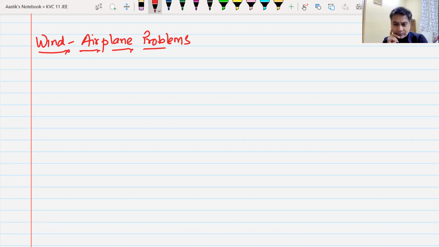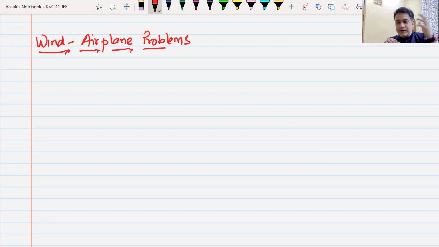Now these wind airplane problems are exactly similar to something that we have already done. Airplane doesn't fly on ground, it flies in air. And in air there is wind.